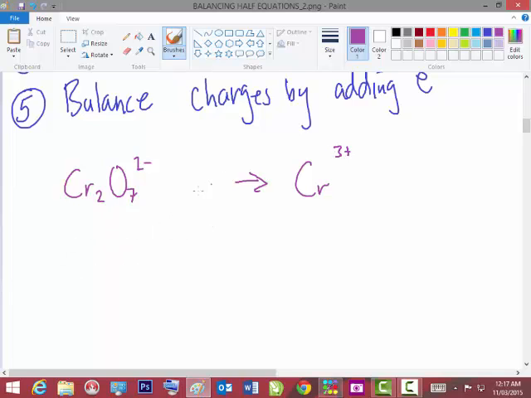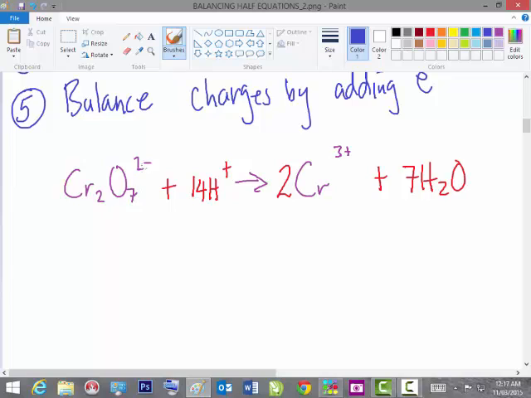Right, so the first thing we do, we balance the elements apart from oxygen and hydrogen. So we have 2 chromium on this side, so we need 2 on that side. Second, we balance the oxygen. We have 7 oxygens on the left hand side, so we need 7 H2O's on that side. Right, now we have 14 hydrogens on this side, so we need 14 H pluses on this side.